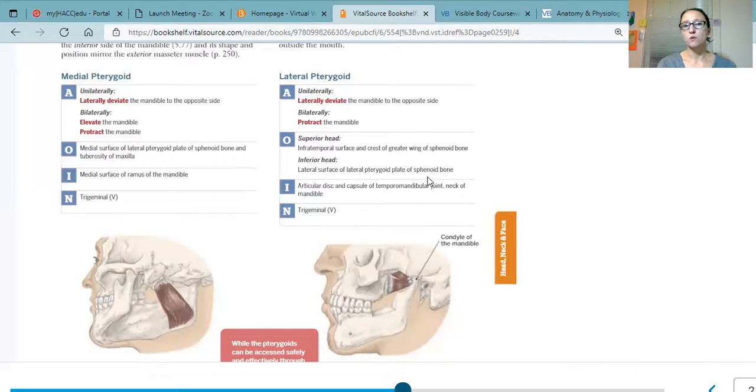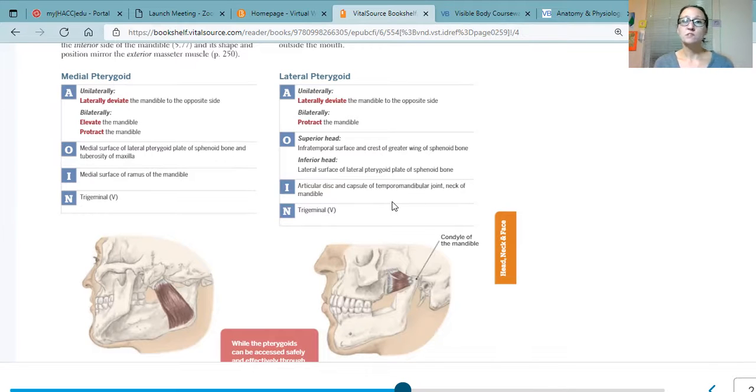This is a really important insertion because it actually inserts directly into the TMJ, the temporomandibular joint. So this muscle, more than any other, can really affect the positioning of the TMJ, which, if one side is tighter than the other, can cause something called a malocclusion, which means a bad bite.